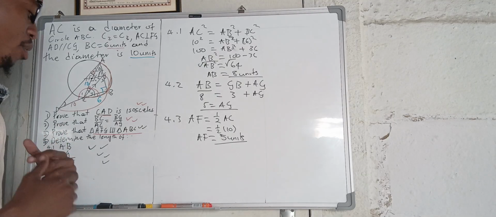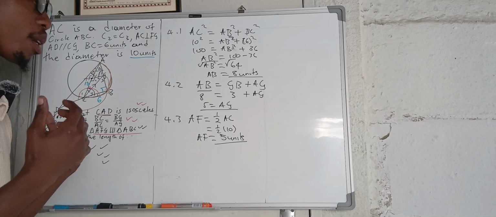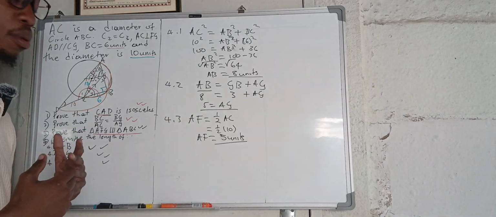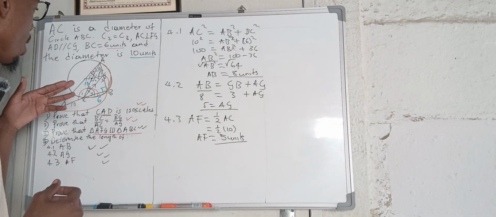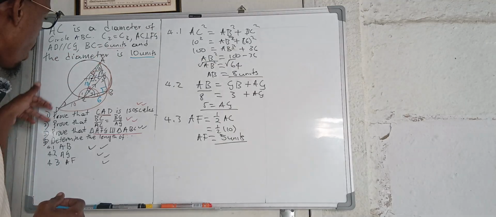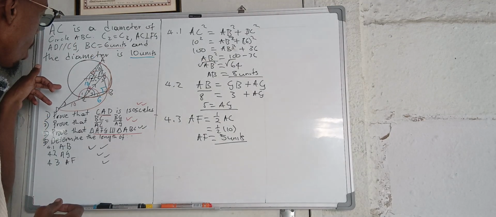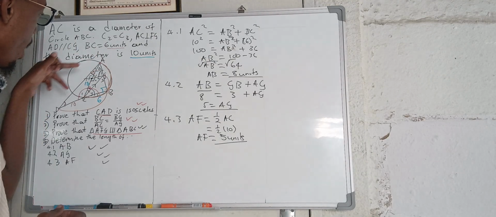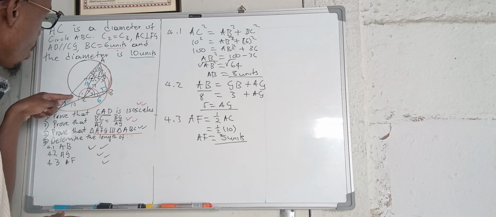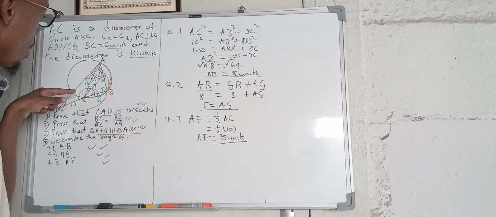If the examiner would have wanted us to do more questions, they might have wanted us to find the length of AD. If you check in this diagram, AD and GC are parallel.